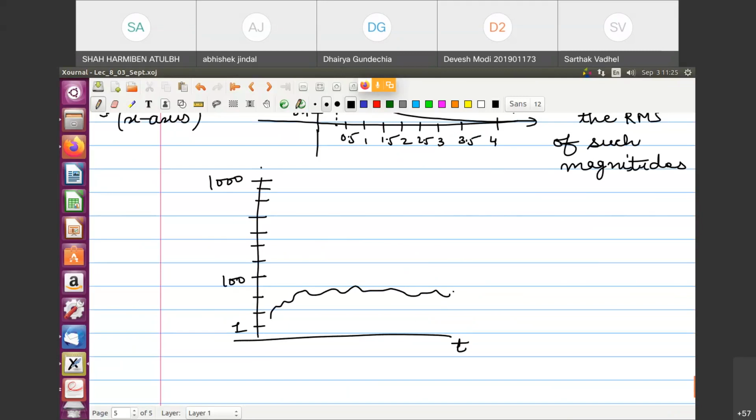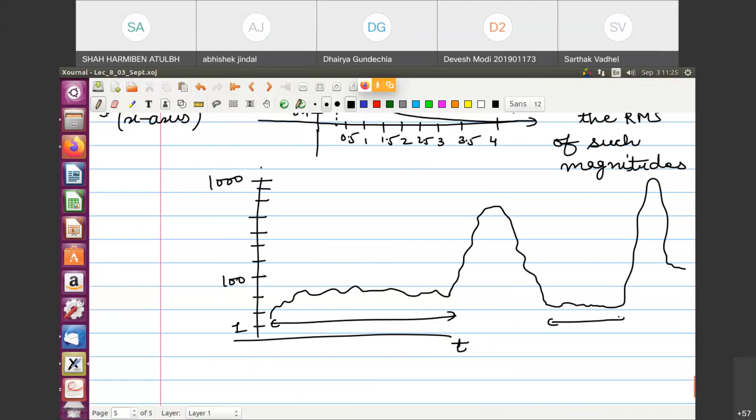Most of the time it remains like this, and for a very small duration it goes up and then comes back, then again goes up and comes back. It means over this full time duration, most of the time it is of low value. But the problem is that we are using very few quantization intervals, or very few representation levels, for this, and this increases our noise a lot.